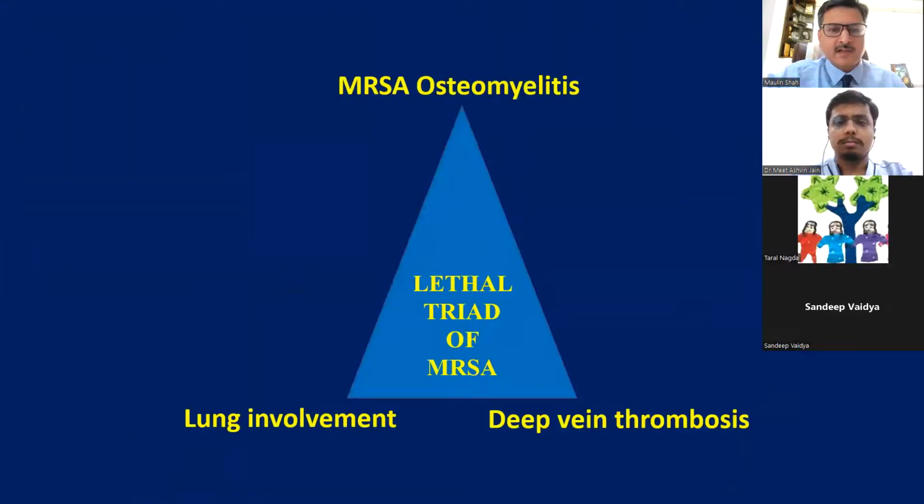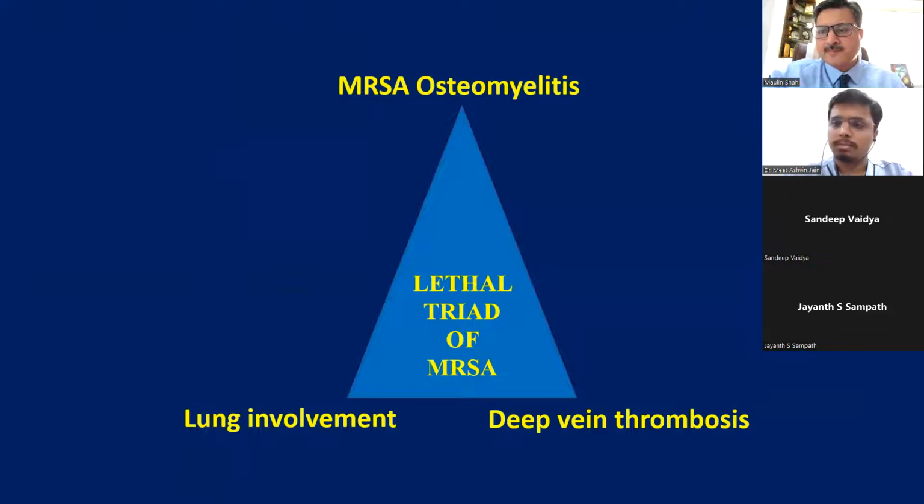Any comment, Jayant? The only thing is, for the really severe osteomyelitis, which is usually MRSA and sometimes PVL, we have found using stimulant even in acute osteomyelitis to be useful to get local control.